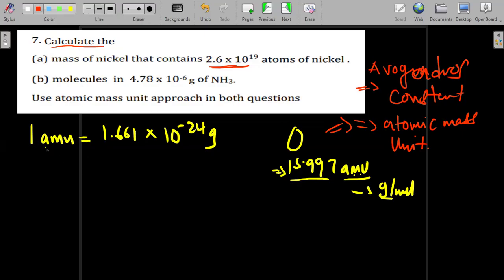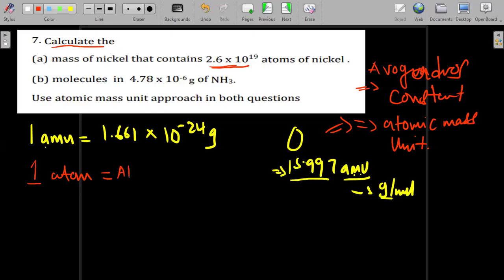So one atomic mass unit is equal to 1.661 times 10 to the power minus 24 grams. You must also know that one atom of any element is equal to the atomic mass of that element.